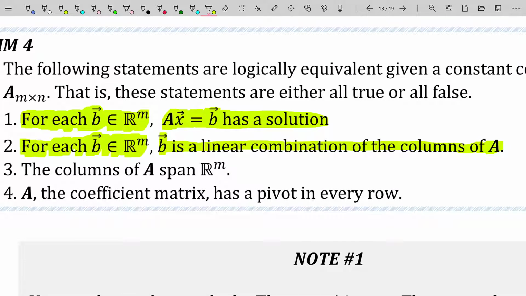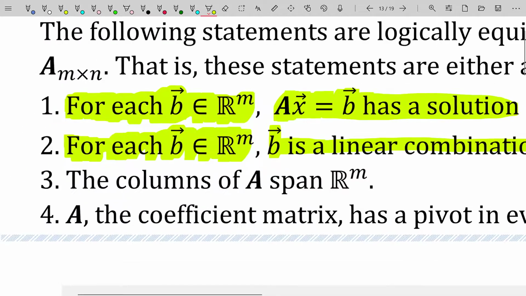If somebody told you, hey, for every b in Rm, that vector b is a linear combination of the column vectors of the matrix A, then you could say, oh, well then, for any b in Rm, Ax equals b must therefore have a solution. But if either of those two statements are true, the following statement is also true. The columns of A span Rm.